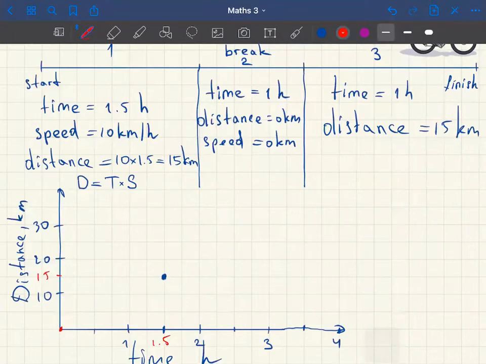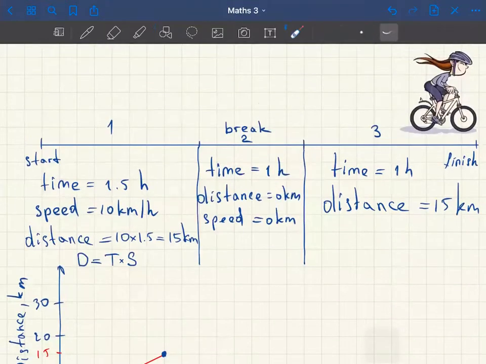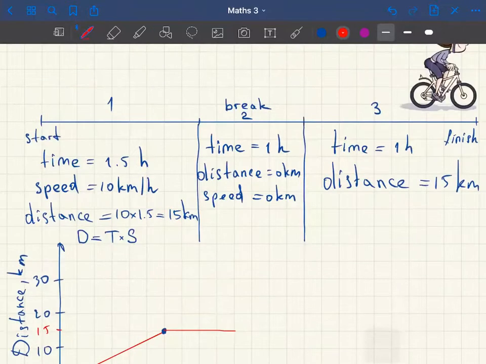We start here from 0, and then we go to this point. What happens next is she just stays there for 1 hour. Time is 1 hour, but the distance doesn't change, so nothing happens to the distance. We show it like this: 1 hour passes, the distance doesn't change. And for the last one, time is 1 hour, and the distance is 15 kilometers.